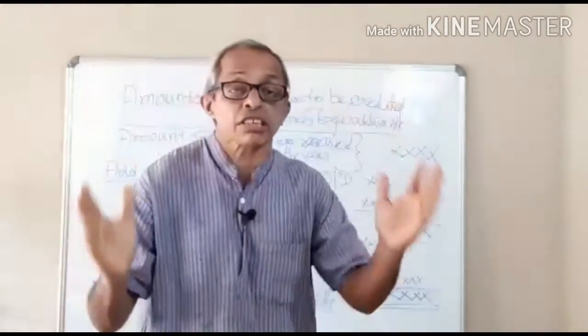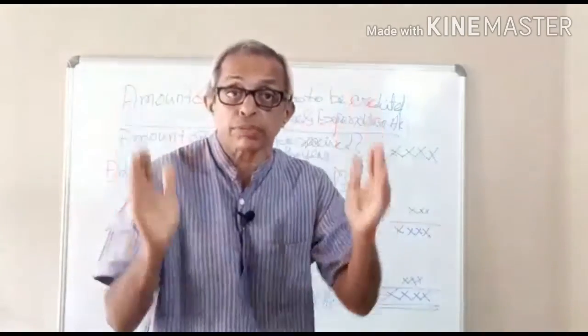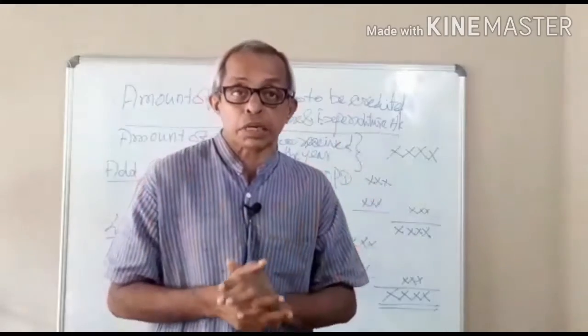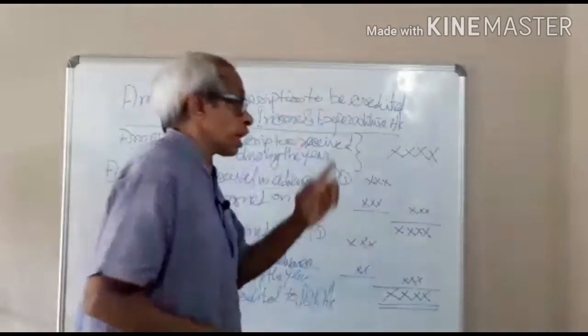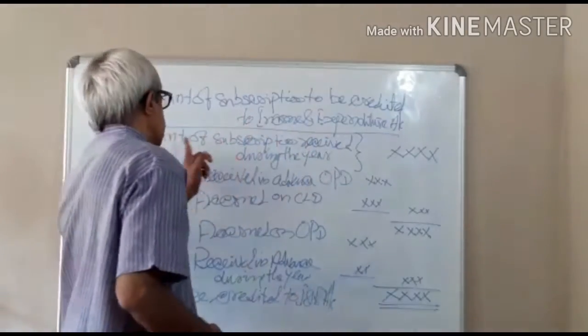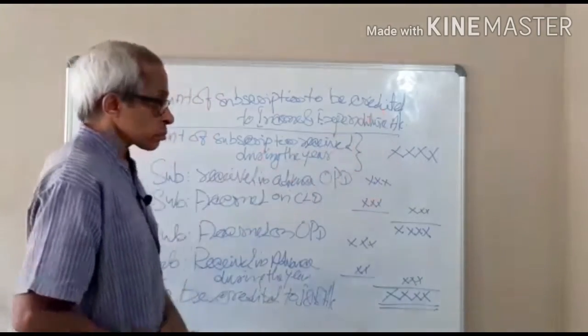The net result will be the amount of subscription to be credited to Income and Expenditure Account with due adjustments. Therefore, the first item to be written in this statement is the amount of subscription received during the year.